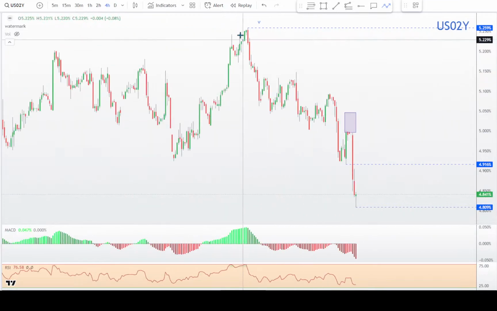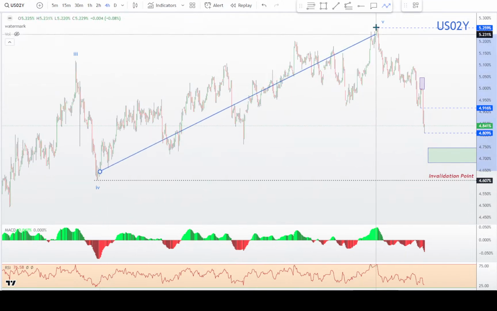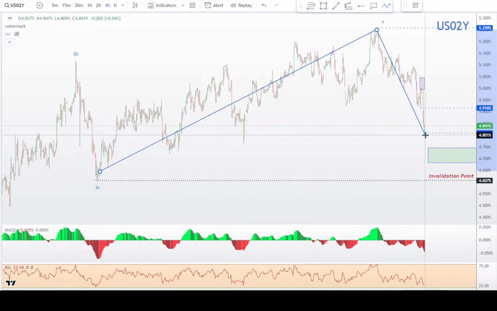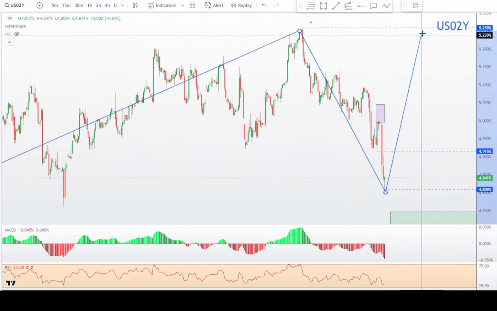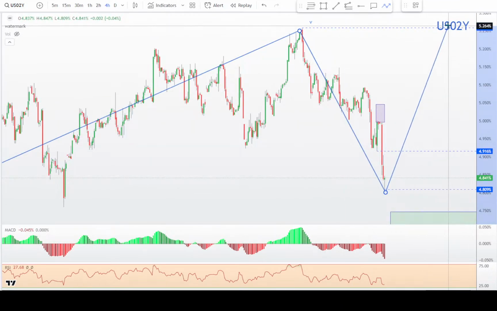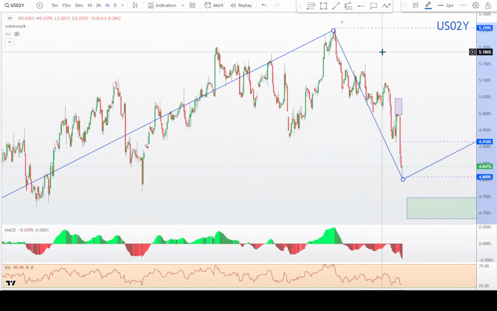So if this is a leading diagonal, we've got 3 waves now down to here. I was thinking that they could even come down a little bit farther, but it is 3 waves. So the 2 year could potentially go back up to break their high one more time to finish that 5th wave.